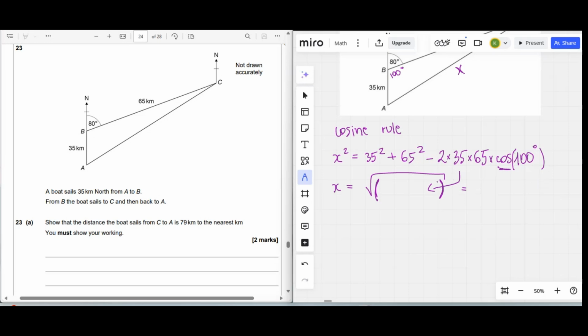So you will end with double parentheses at the end. 78.9942985. Yeah, 78.994 and so on, and rounded to the nearest kilometer is 79 as requested.